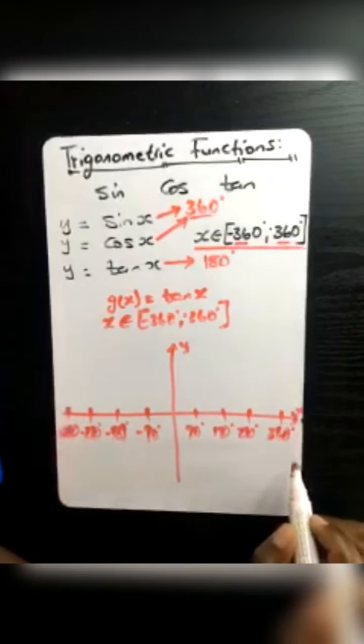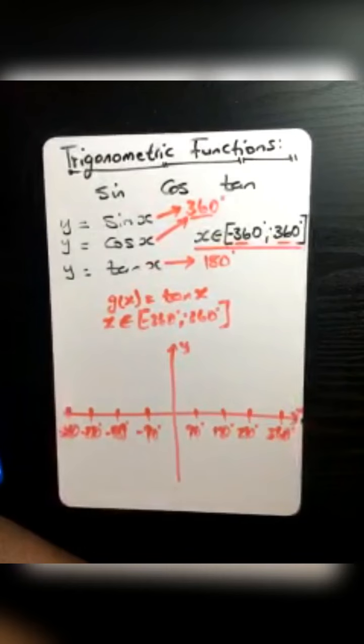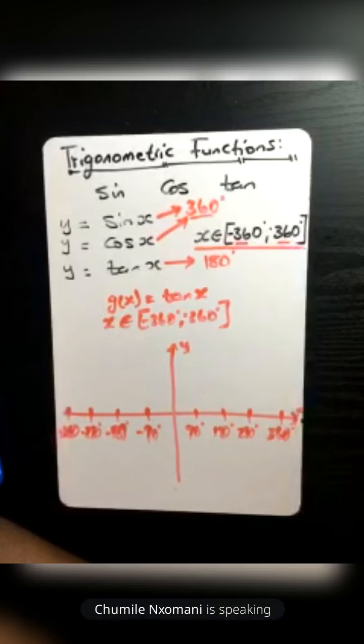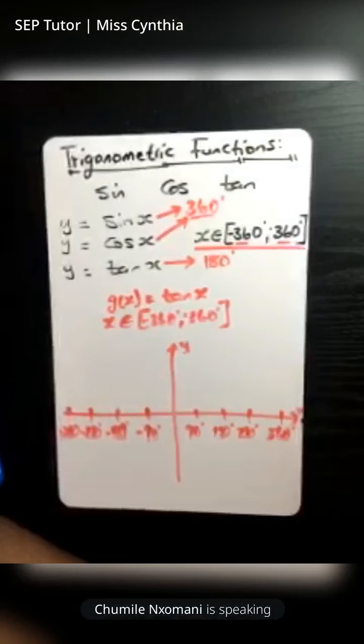So punch that one in, Chumis, start with that angle. What are you getting there? Could you please repeat your question, sir?